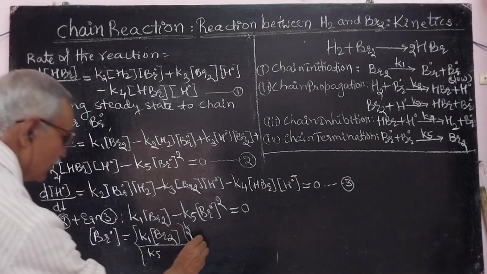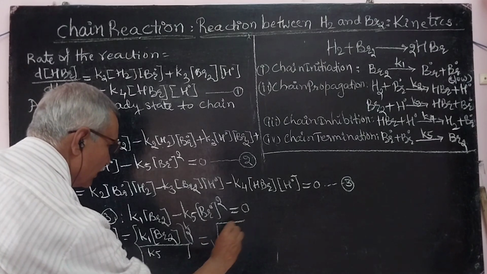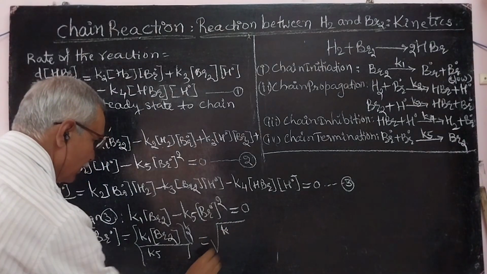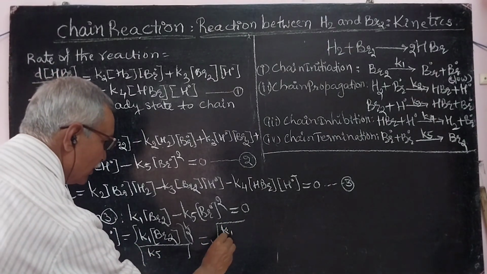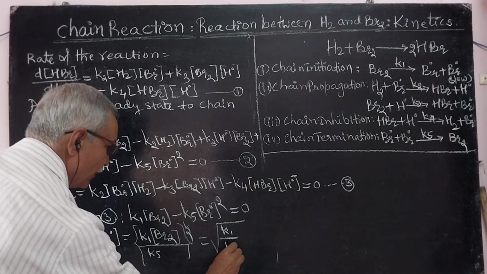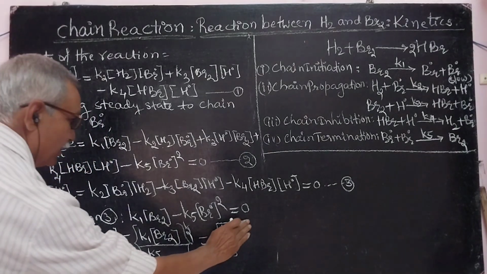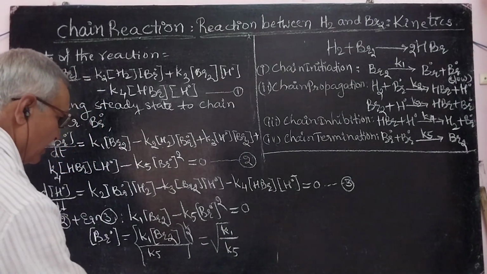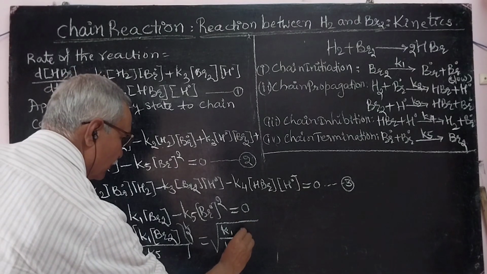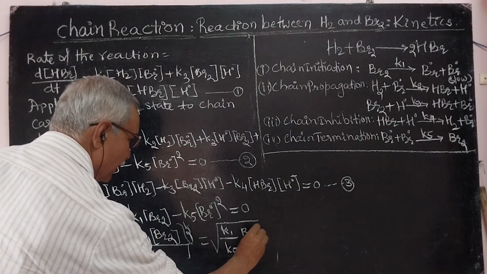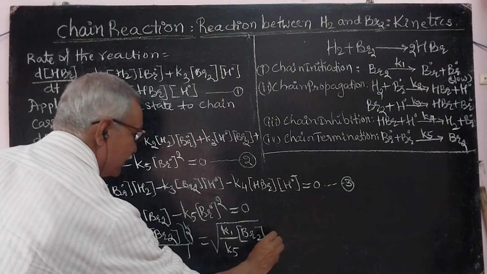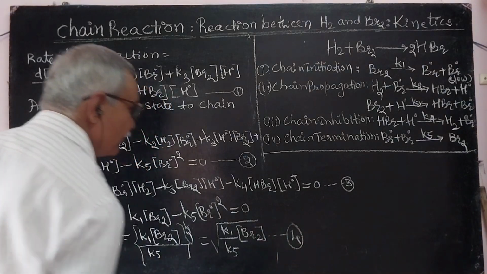That is equal to the square root of K1 by K5 into Br2. Suppose this is equation 4.